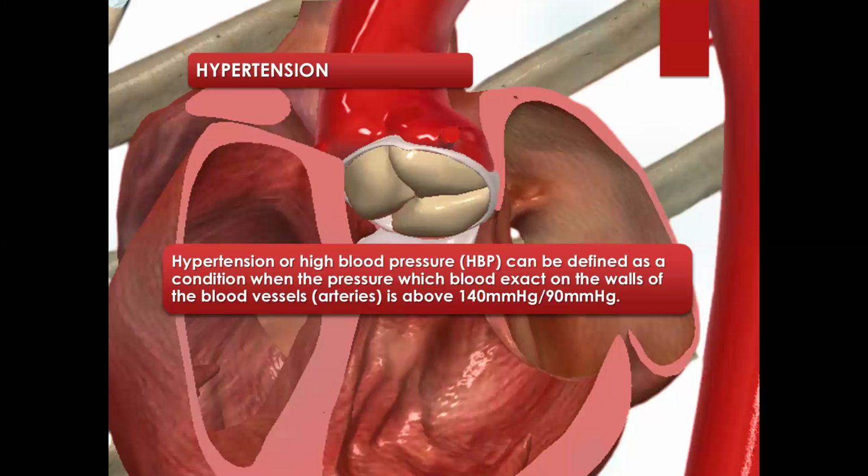That is why when you tie the cuff of the sphygmomanometer, you are tying it against a particular artery in the arm. So you are trying to estimate the pressure of the blood at systole and the pressure when the heart is relaxing. So that is the mechanism behind that assessment of blood pressure.